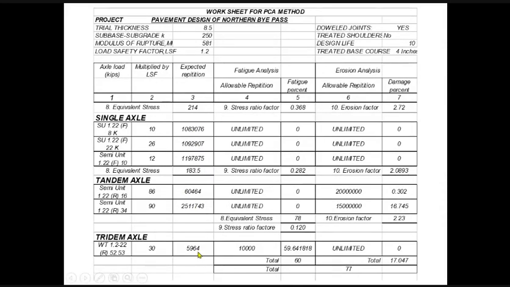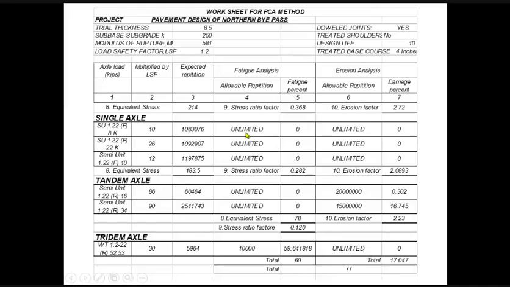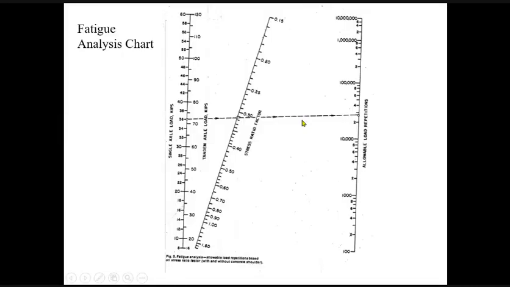Now, once you do it, then you have to calculate allowable repetition, and how you will do it is from this chart. I say unlimited. Why? Because, for example, I had this load of 10 and I have stress ratio of 0.368. So this value gives me the allowable repetition.